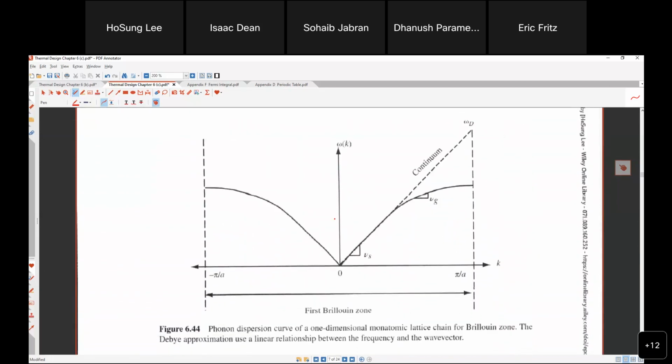As usual, we use the dispersion curve. This is very convenient using a Brillouin zone, because one Brillouin zone has everything up to the boundary.